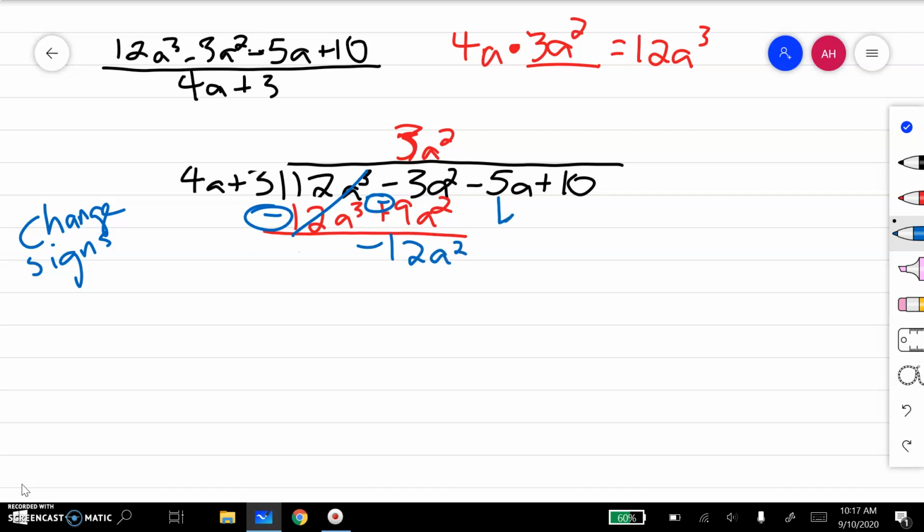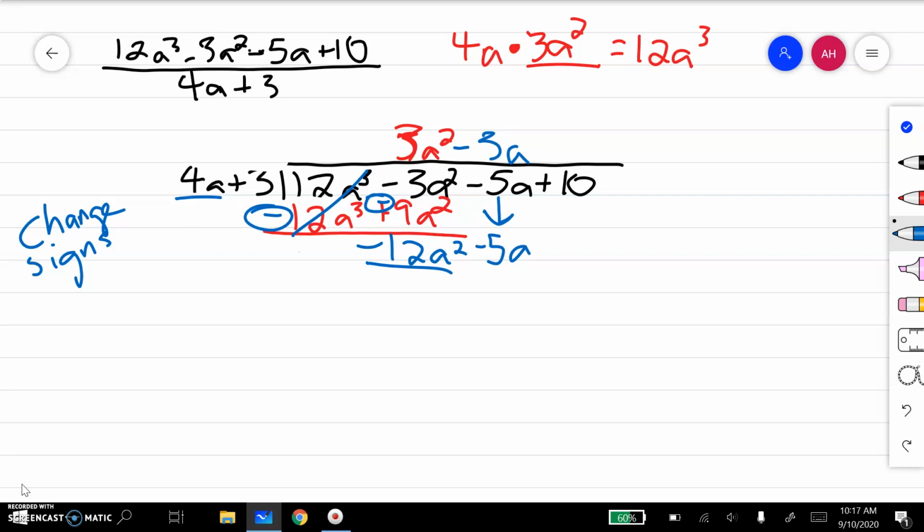Then just like in regular division, you're going to bring the next term down. So we have negative 5a there. And we're going to do the same thing all over again. I'm going to take this and say 4a times what gives me negative 12a squared. To get from 4 to negative 12, we need a negative 3. So I'm going to do minus 3. And from a to a squared, we need an a.